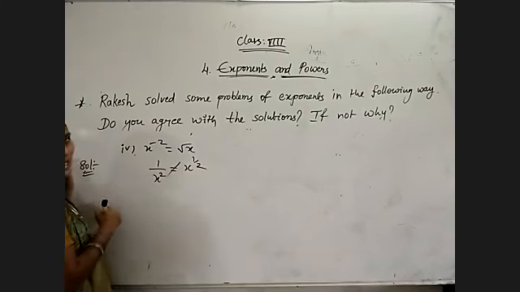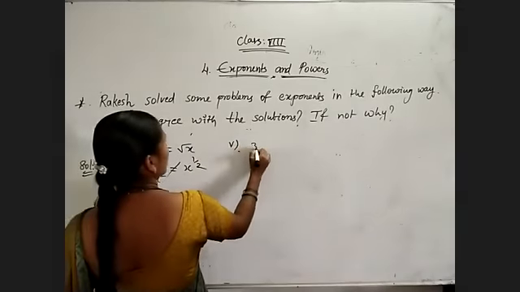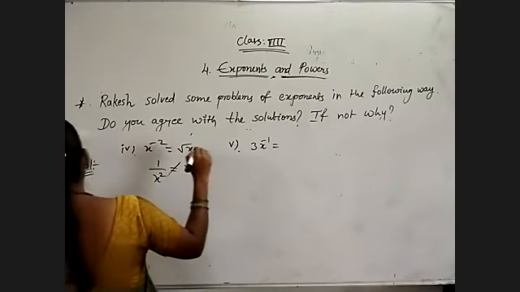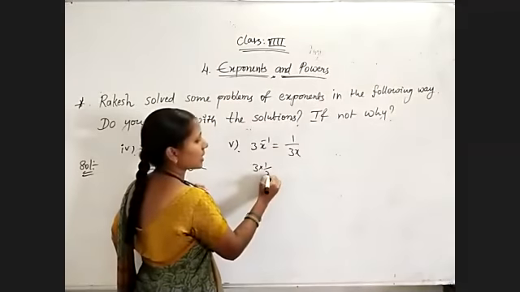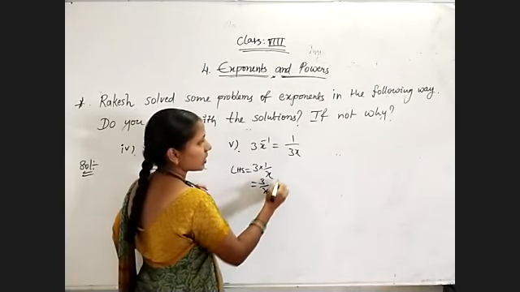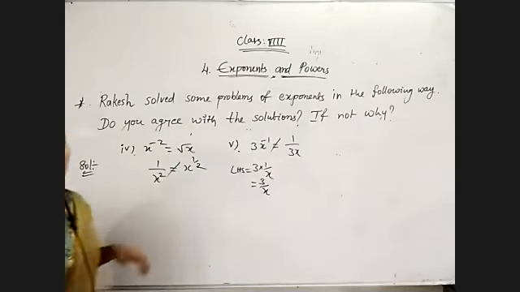So both are not equal. And the last question: 3 into x power minus 1 is equal to 1 by 3x is given. Actually, it is 3 into 1 by x on the LHS, that is 3 by x. So the RHS is 1 by 3x. So both are not equal.